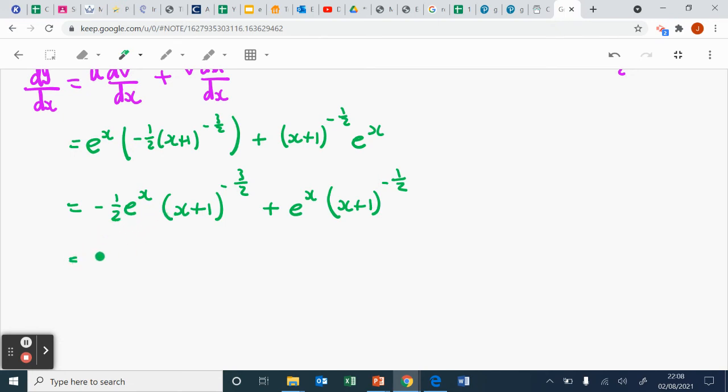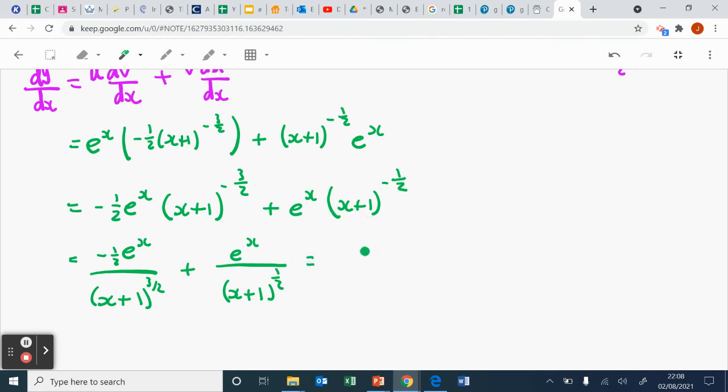So I can say this is minus a half e to the x over x plus 1 to the power of 3 over 2, plus e to the x over x plus 1 to the power of a half. Then it just makes it much clearer to see what we're going to do.